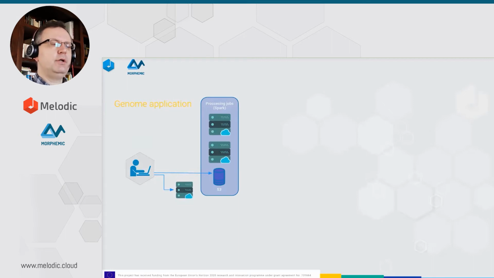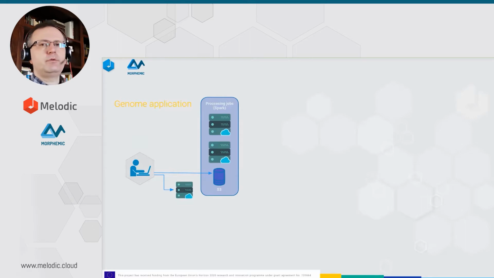It is very valuable knowledge to identify some genome-based diseases and other issues, and comparing these mutations and the similarity between them gives the researchers at the university very valuable knowledge. And they are also using Melodic to optimize the processing time.